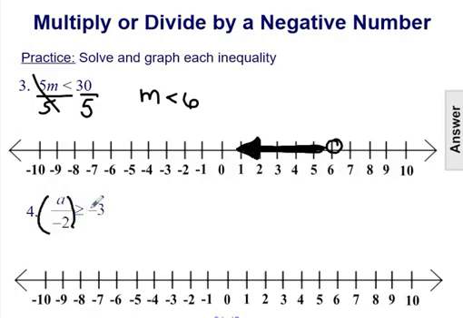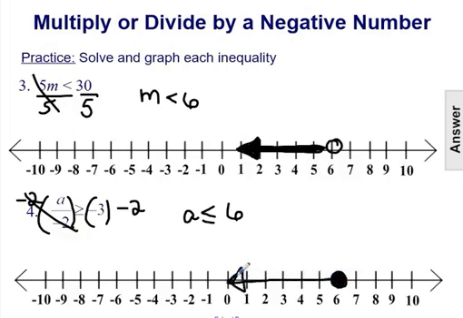So we'll multiply both sides by negative 2 to undo the dividing by negative 2. And because we're multiplying by a negative number, my sign will switch to a is less than or equal to 6. So that's a closed circle at 6 with my shading to the left, all the numbers less than 6.